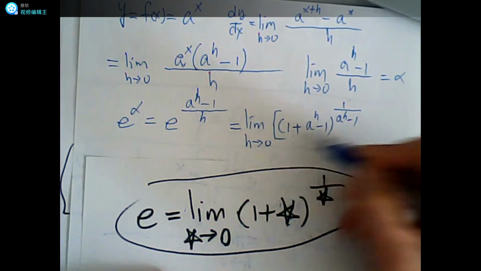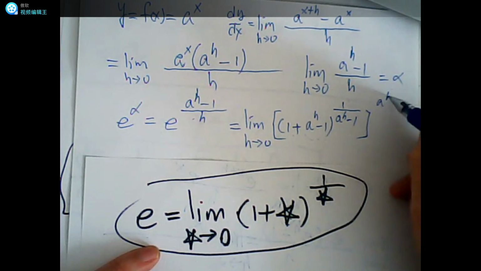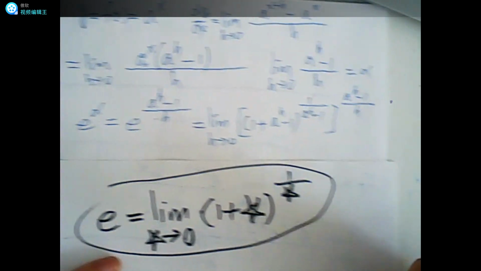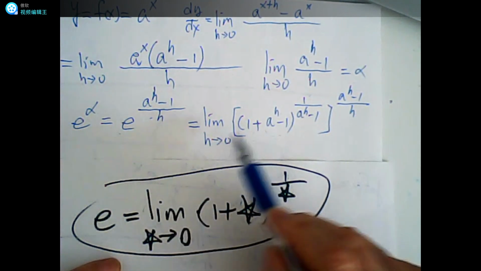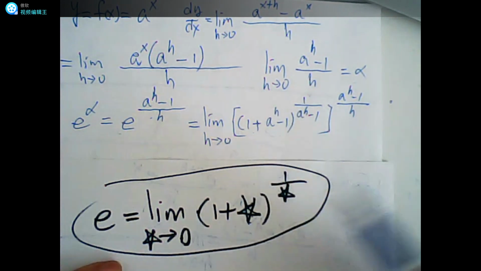And to the power, now here I didn't finish yet. This is a to the power of h minus 1 over h. Alright? This is E. This is E. This is star, right?